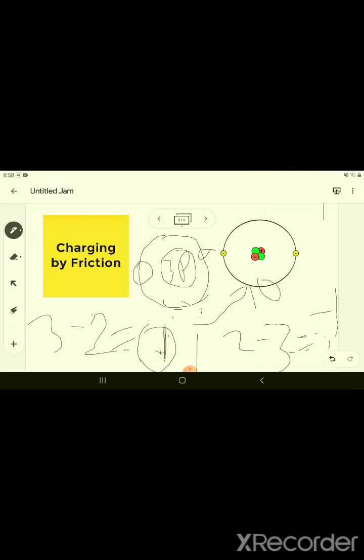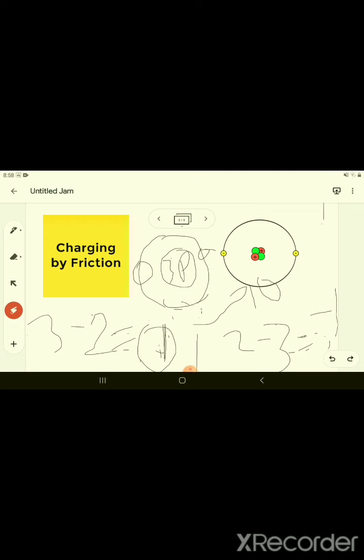So basically that is how charging by friction comes about. It comes about by rubbing 2 different materials together. Some will get electrons, some will lose electrons. Please bear in mind, the object that gains the electron, in this case the one on the right, will have an overall negative charge because it's gaining something that's negative.